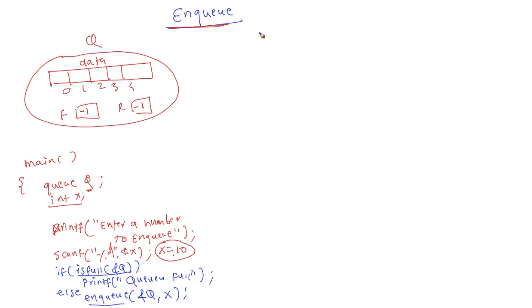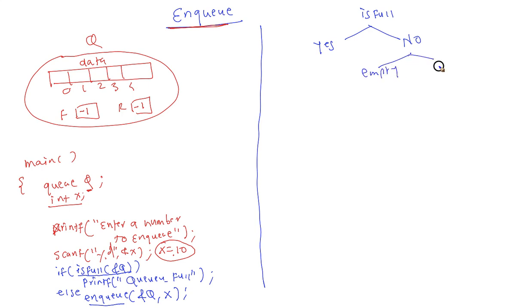So now let us see NQ. If you remember, in the previous video, we saw that before performing NQ, we are calling is full, right? Is full will return yes or no. If it returns yes, we'll say the queue is full and we'll exit. If it returns no, then we saw there are two situations: the queue is empty, or it is partially full.